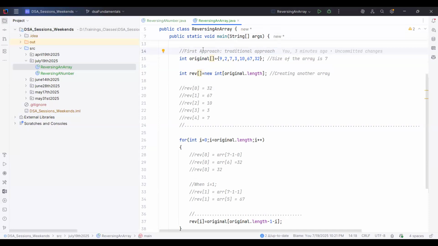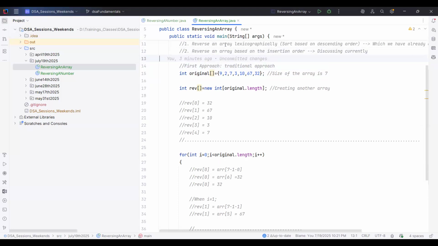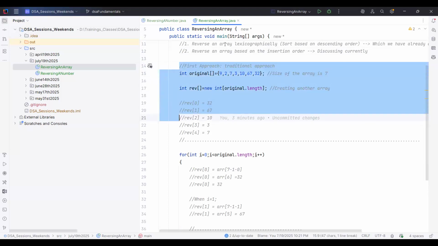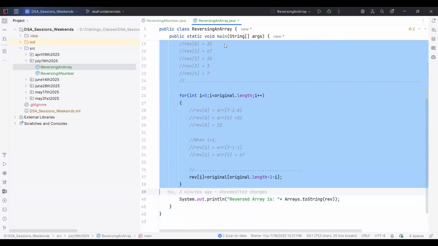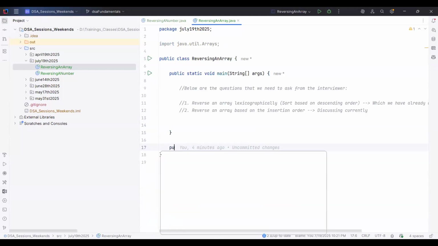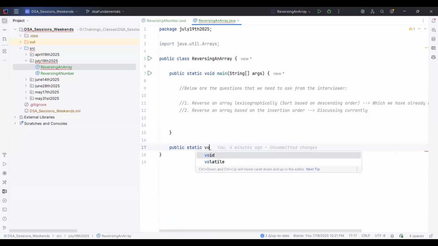Okay. So it means it is taking new int of 6, 7. Okay. Great. Public static void reverse array using traditional approach.